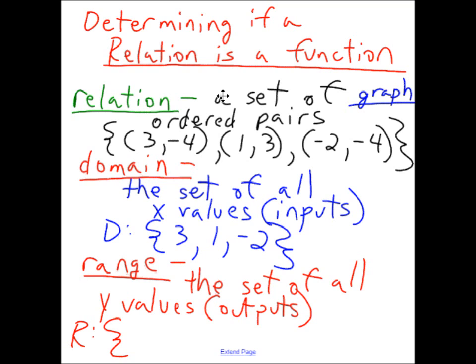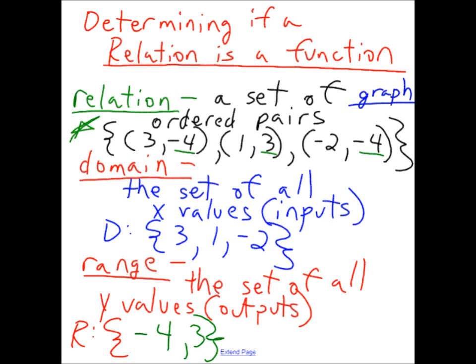Okay, now I gave you a chance to think about that. The range is simply the y values. Now we actually have -4 that repeats itself twice. So because that's actually the same -4, I won't write it twice. I'll just write it once, even though there's 2 -4s as the y values in the ordered pairs up here. So I'll write down -4, 3, and that will be my range.